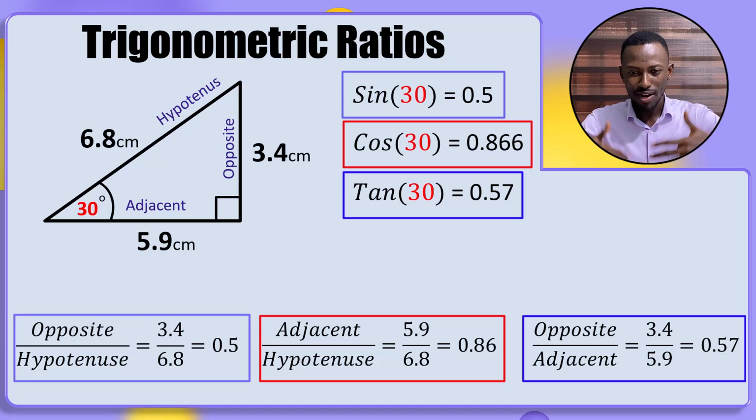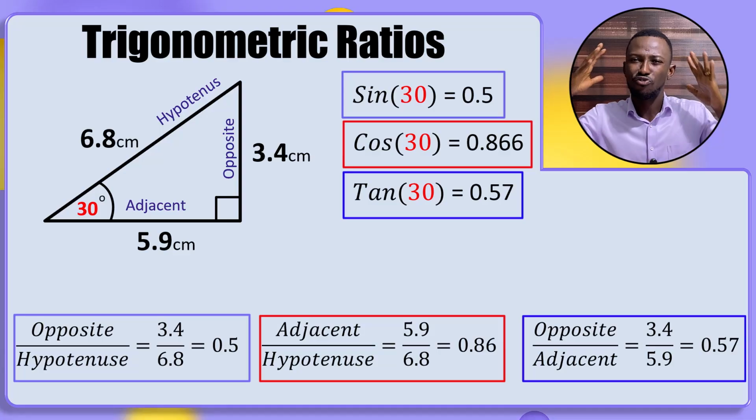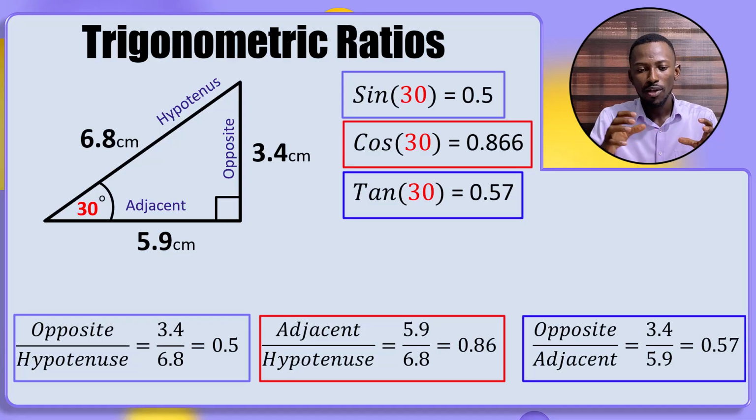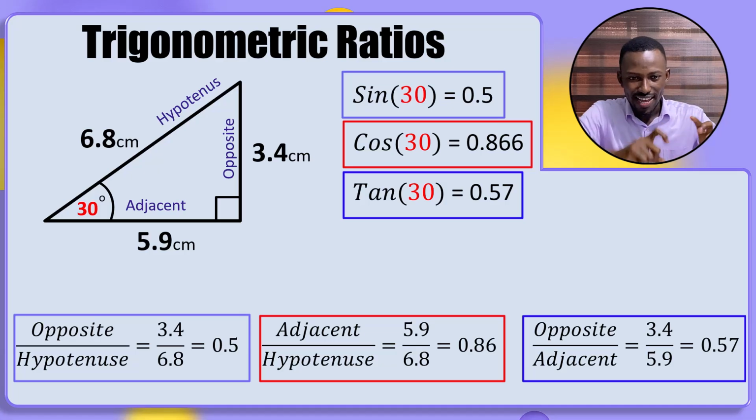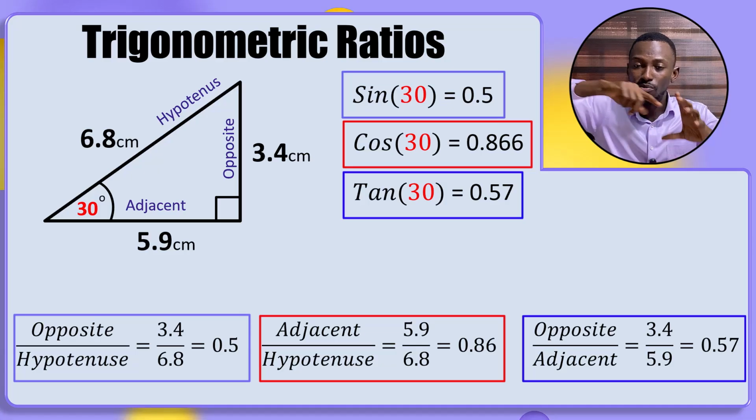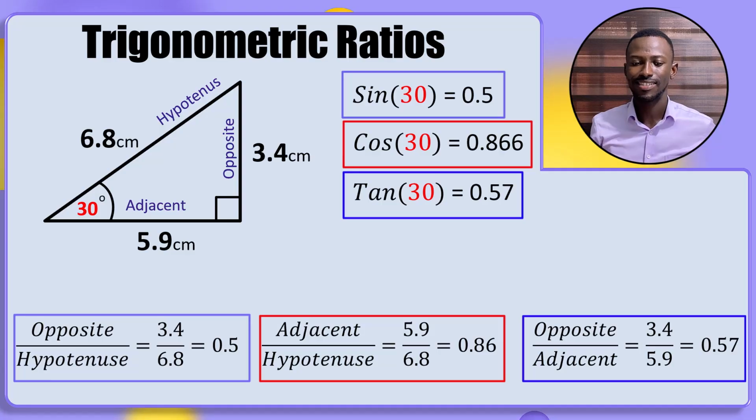So when mathematicians realized this, they repeated the experiment for different sizes of triangles. They increased the size of the triangle. For example, they still kept the 30 degrees and increased the length. They increased the hypotenuse, increased the opposite, increased the adjacent.